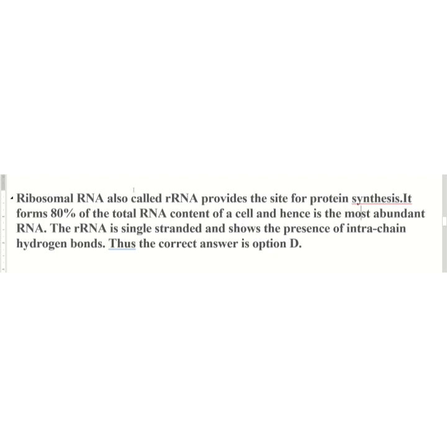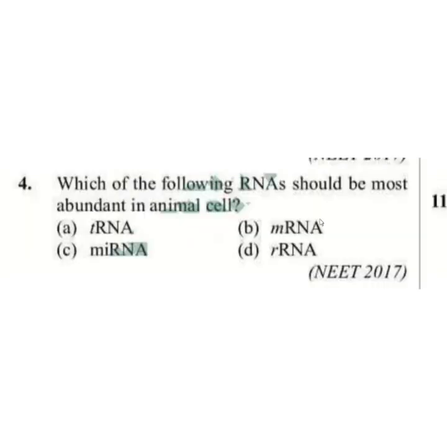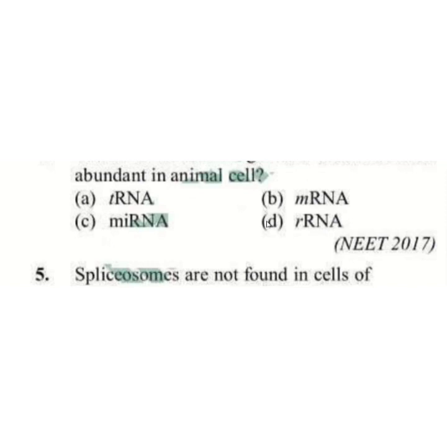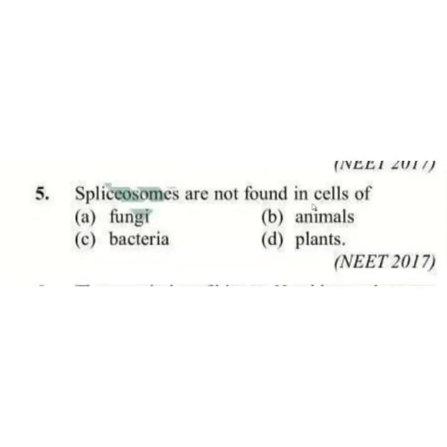Hence ribosomal RNA is the most abundant RNA. So option D is the answer.